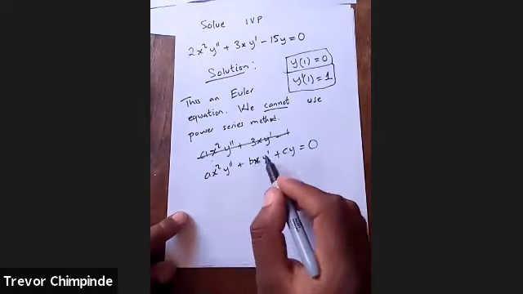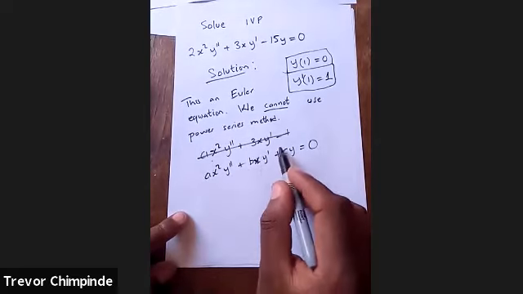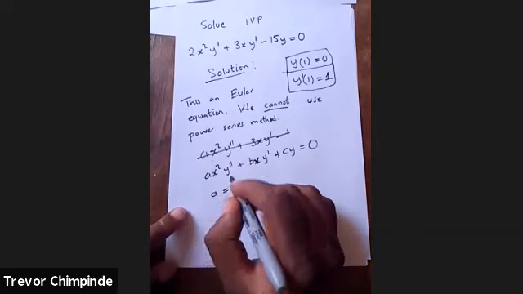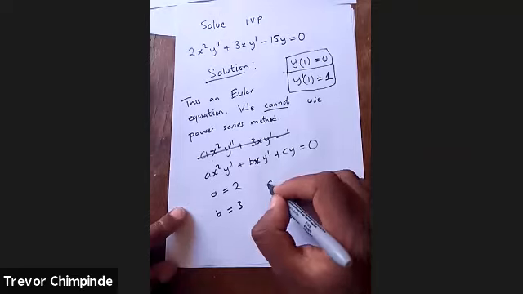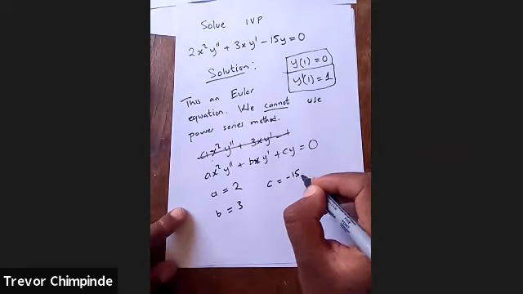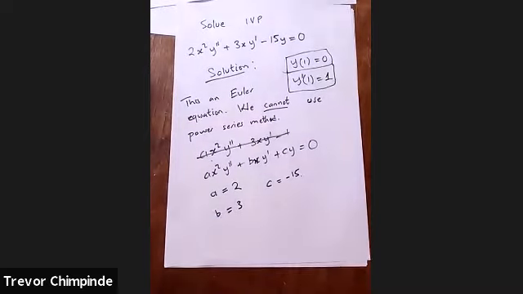It always has this x squared and this x. These constants can be anything. The only possibility we exclude is a being 0. So in our example, a is 2, b is 3, and c is negative 15 for this Euler equation.